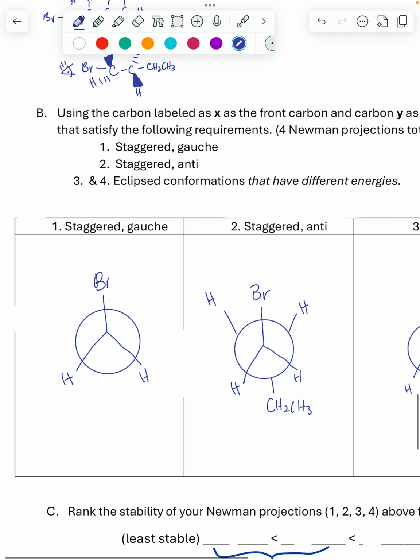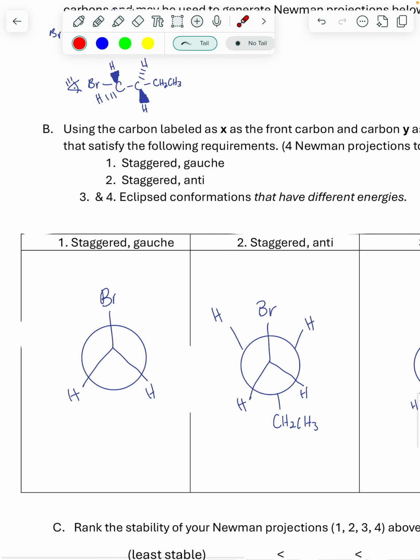Now gauche is when the two bigger groups are still staggered, but kind of close to each other. So we see that these two largest groups are closest to each other, and now we can put the hydrogens on the others.